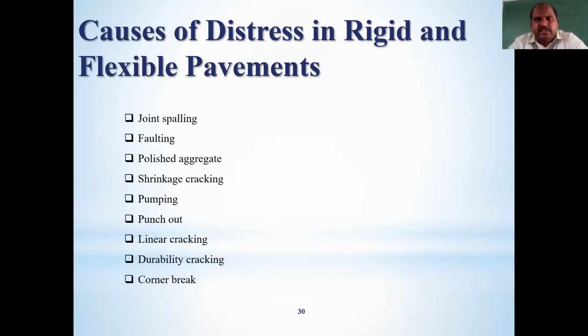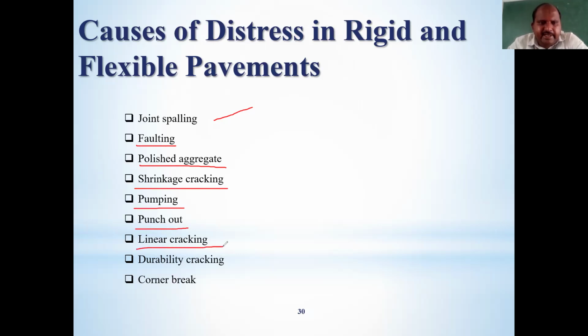The next one is causes of distress for flexible and rigid pavement. So the first one is joint spalling. Joint spalling is nothing but damage occurring at the joints, and also cracks form and also faulting. Next one is polished aggregate. Third one is shrinkage cracking, fourth one is pumping, and next one is punch out.